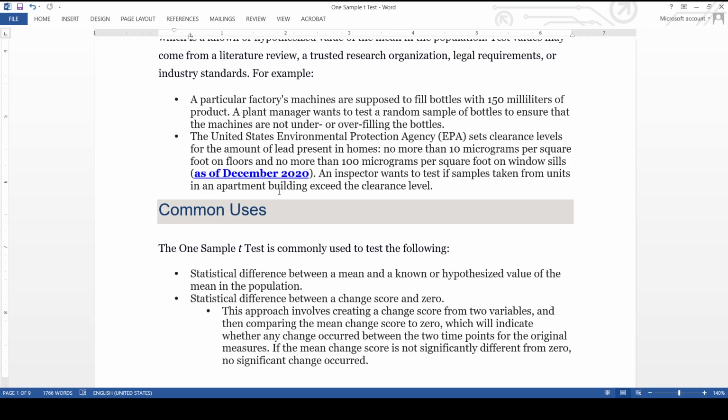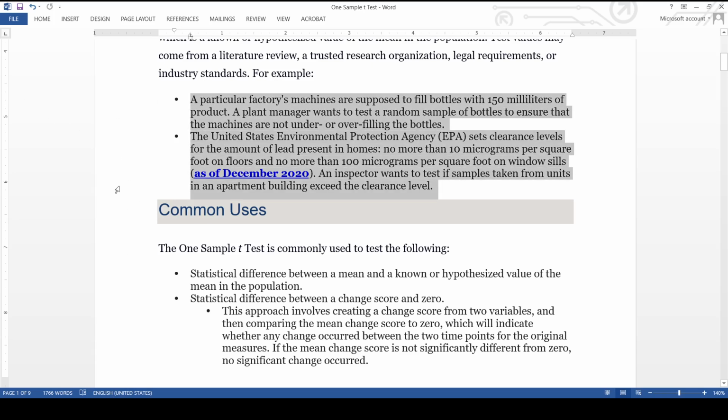An inspector wants to test if samples taken from units in an apartment building exceed the clearance level. We have been given the clearance level, so you must go and take samples from homes and compare the sample mean with the established one. The moment it is more than what has been established, that building is in trouble and the residents are exposed to excessive lead.